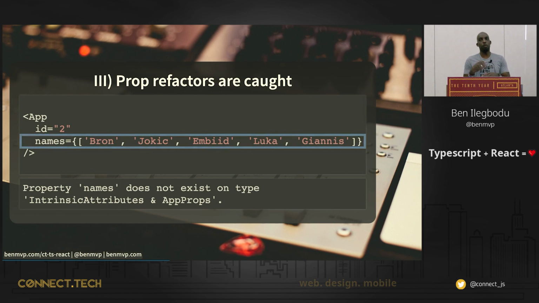So we go into the app, we refactor it, right? And we try to do a search and replace to make sure we find all the things that were originally called names and change it to players. But did we catch every single one of them, right? How can we be 100% sure? Well, TypeScript, again, will complain if I am still passing names somewhere.